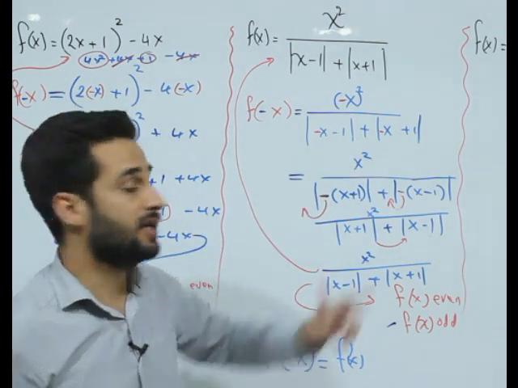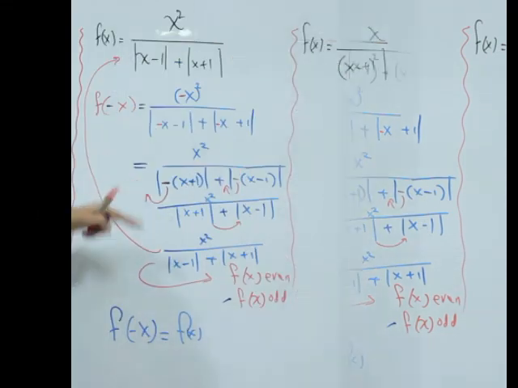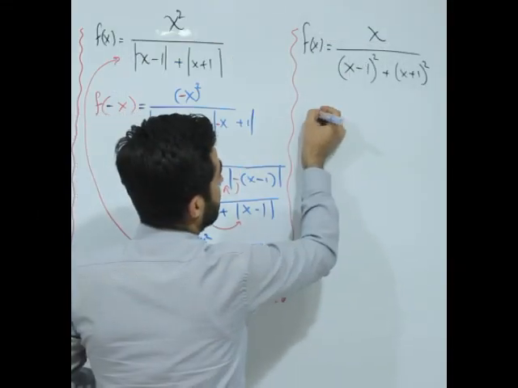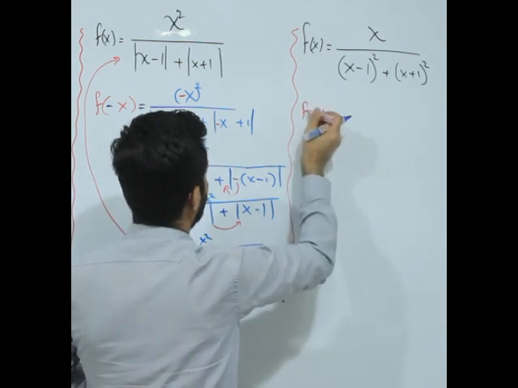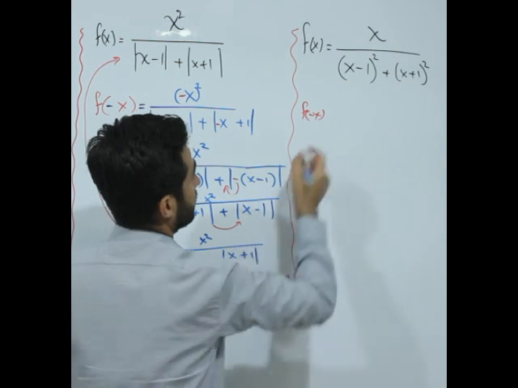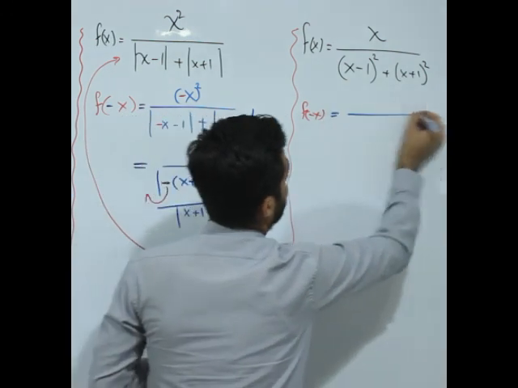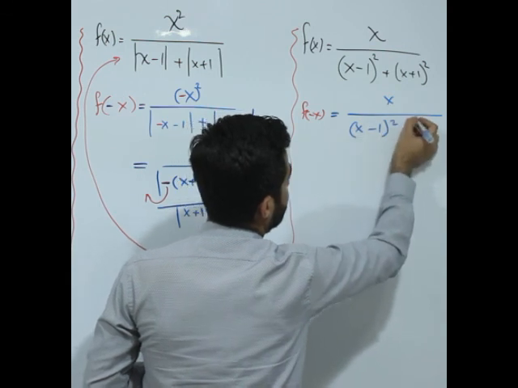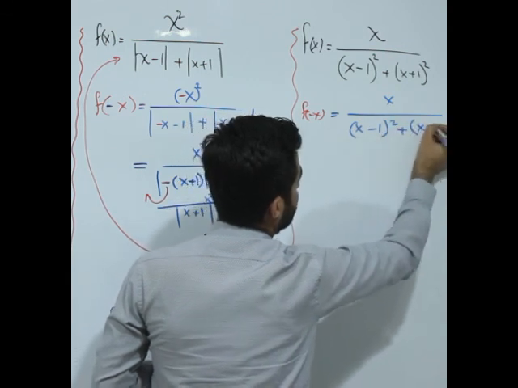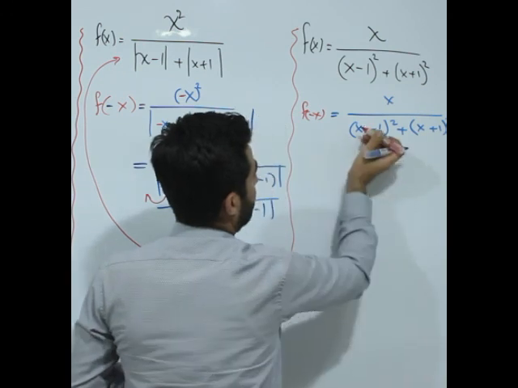Let's go to this one, and it's same as this one, but in x squared. F of x, let's see, f of minus x is equal to, let me write again, first x plus 1 squared.